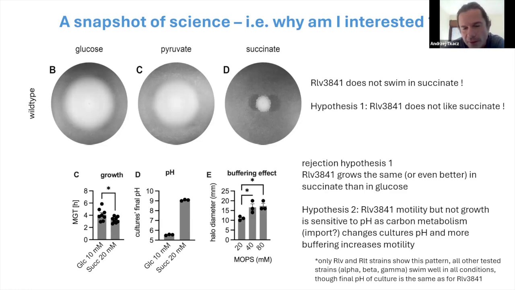We tested many strains, but we only found it in Rhizobium leguminosarum, VC, and Trifolium, which are some Rhizobium strains nodulating plants, legumes. That's why they are interesting for the wider scientific community.